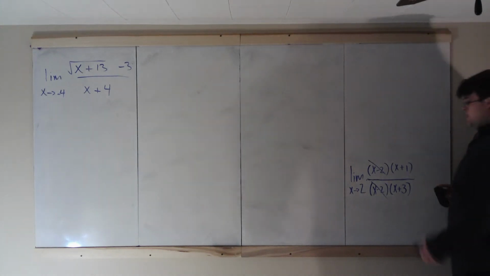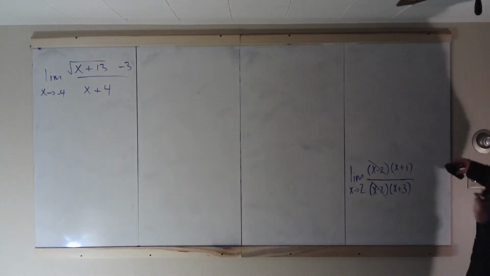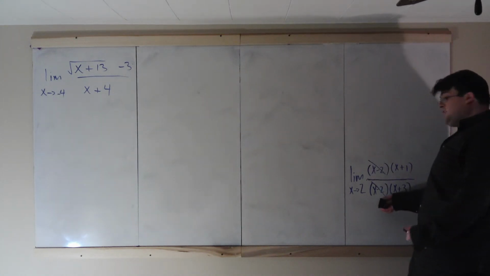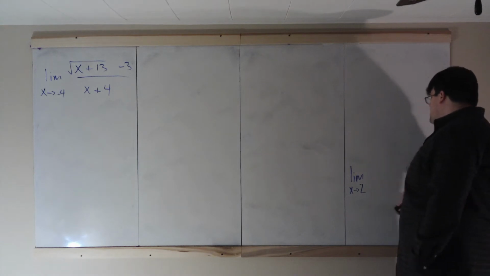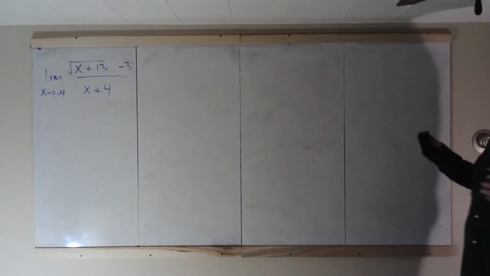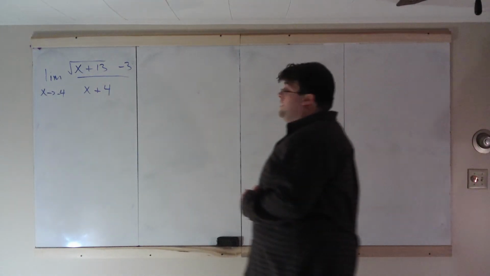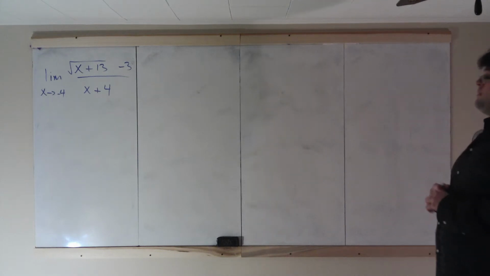And for x values close to 2, this fraction always reduces to 1. At 2, it doesn't reduce to 1. But close to 2, it does. And the limit does not care what happens at 2. So we did not say 0 divided by 0 is 1.